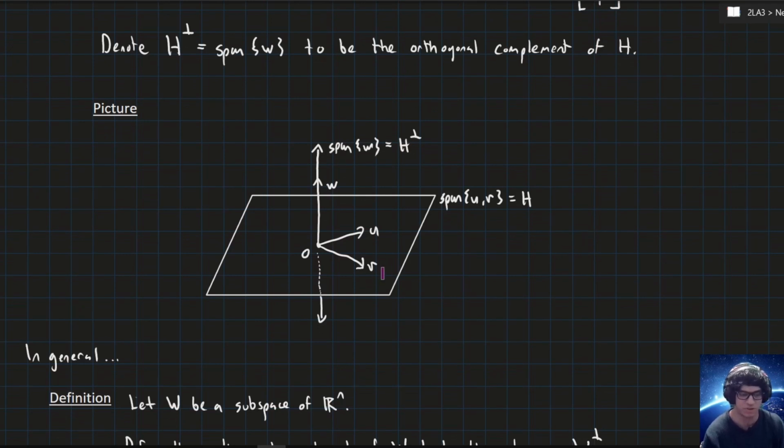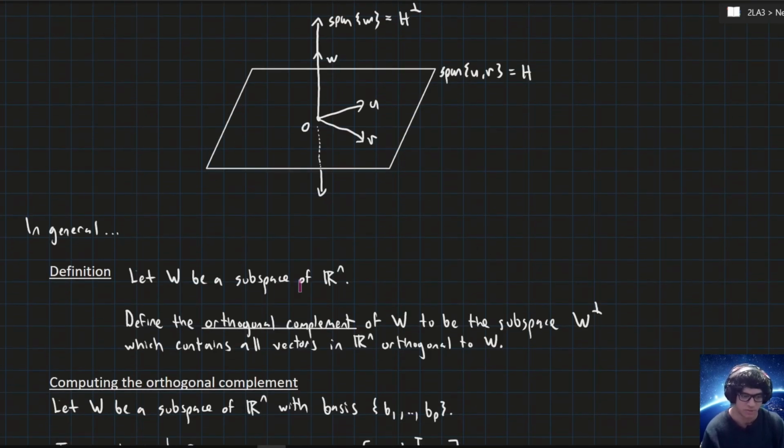Okay, so now we're going to state some definitions and generalize what we did up here. Okay, so let's start with a subspace W of Rn.